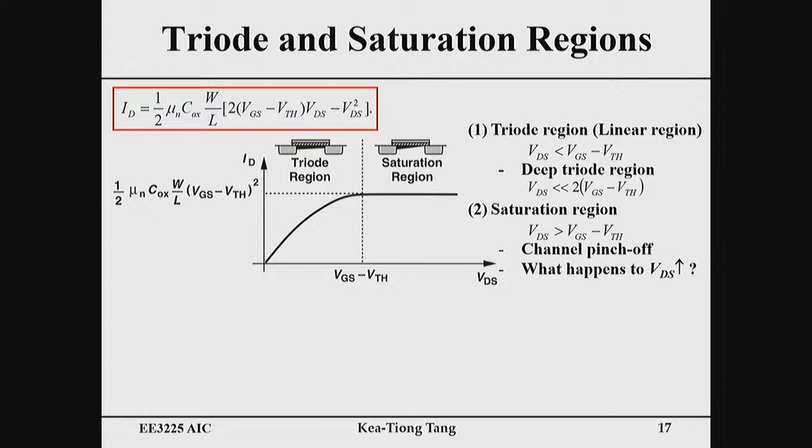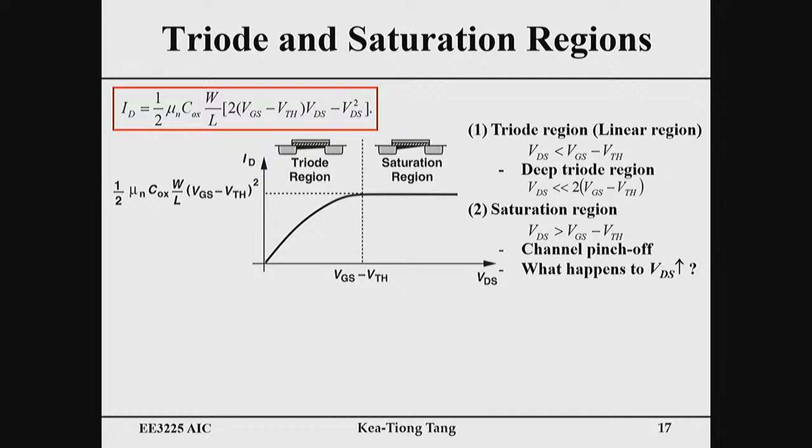Unless we mention that the transistor is doing something else, in almost all the circuits that we will cover in this semester, we need the transistor to operate in the saturation region for all the transistors to work. So the transistor in saturation region behaving like a constant current source is very, very important. Remember to bias your transistor in saturation region.